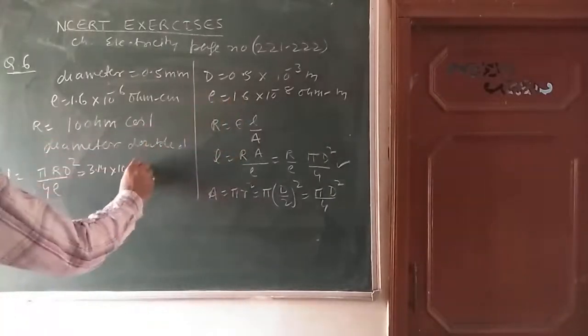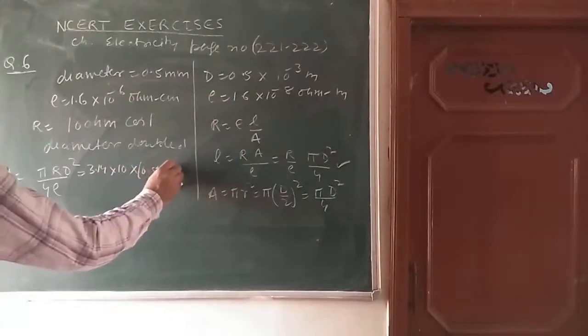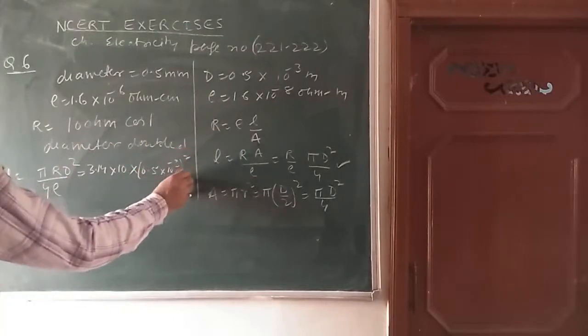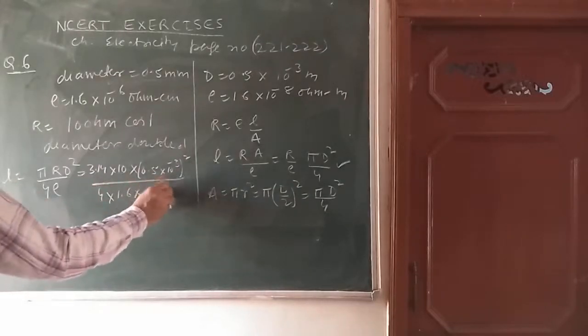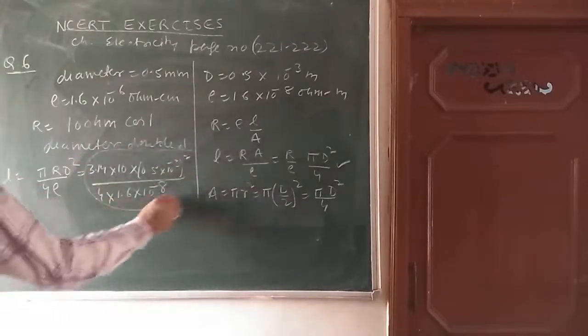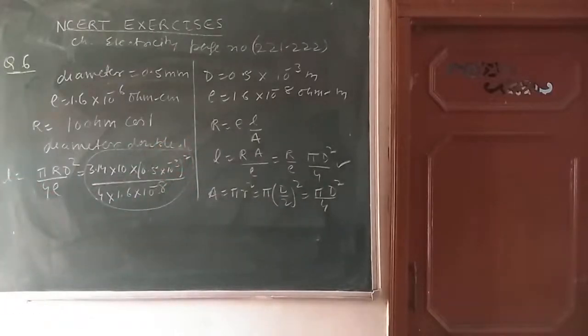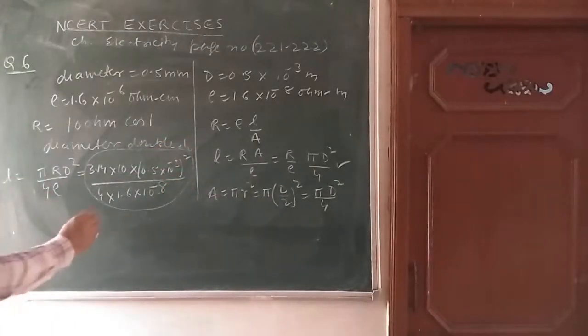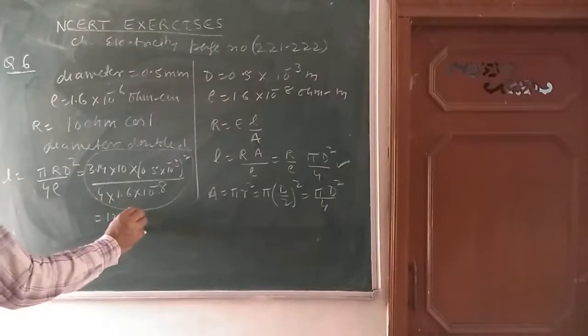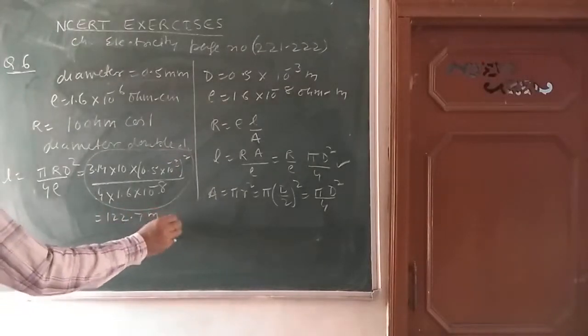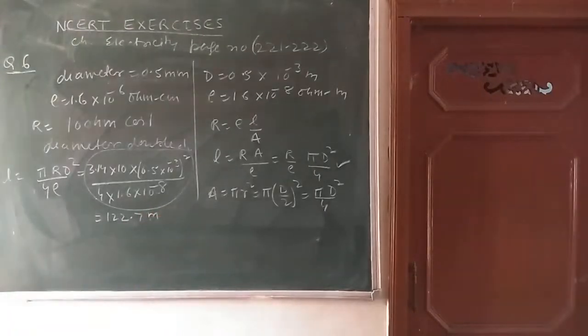This is 0.5 into 10 to the power minus 3 whole square divided by 4 into 1.6 into 10 to the power minus 8. Write all these things and solve it. You will get the answer around 122 point something meter. Yes, this is the length.